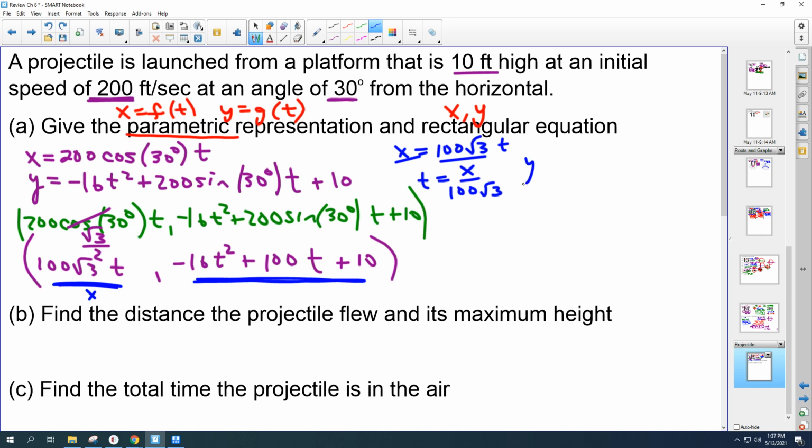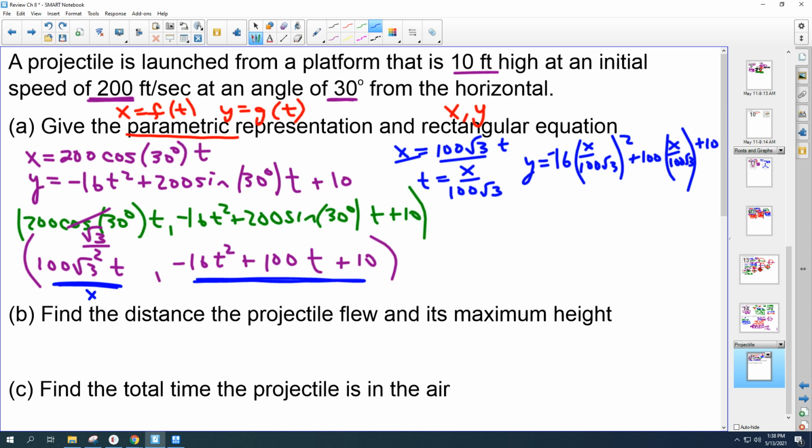So y would equal negative 16 times x over 100 square root of 3, squared, that's t squared, plus 100 times x over 100 square root of 3, that's t, plus 10. All I did was I took my y equation and I plugged in that t value with my x's in it.